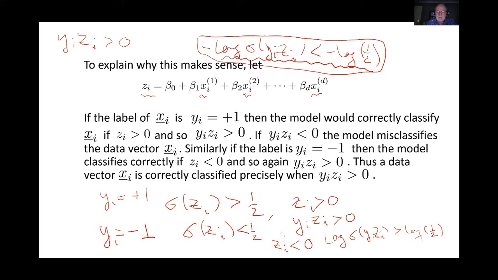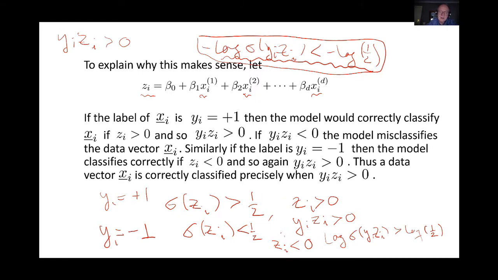And so we want lots of points where the value is less than minus log of a half, and that will give us lots of correctly classified points in the training set. And so that's why we want to minimize this.